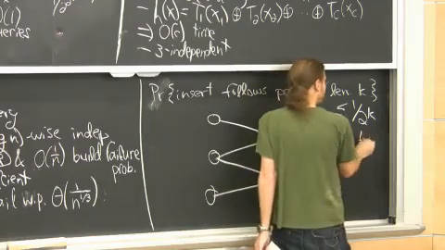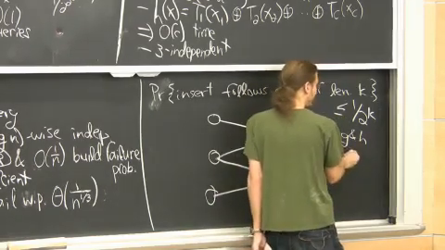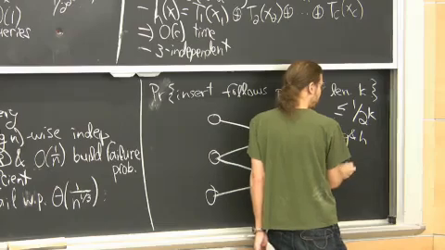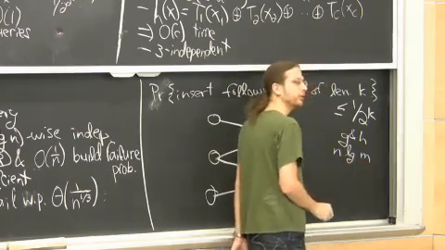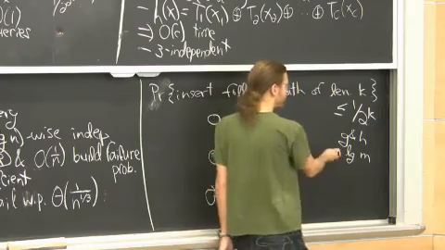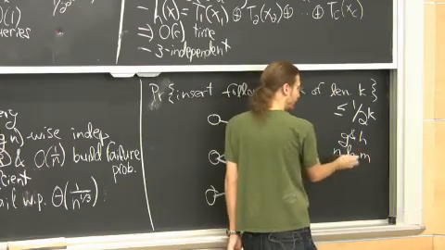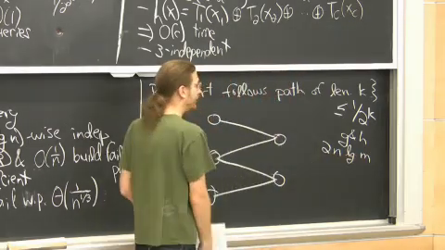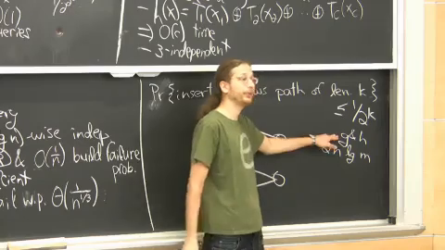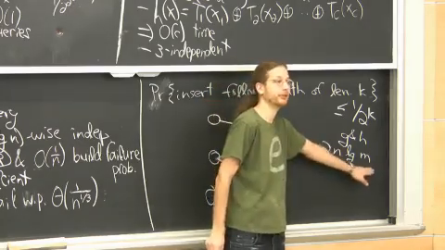There are hash functions G and H. Each of them has n values. Each of those values is log m bits. So if I just wrote them down the obvious way, it's 2 n log m bits to write down those hash functions. Now we're assuming these are totally random hash functions, which means you need this many bits.